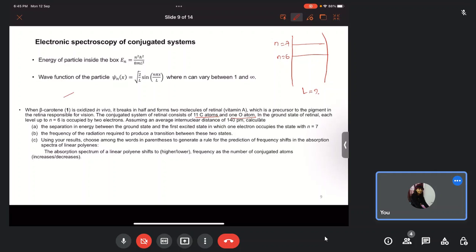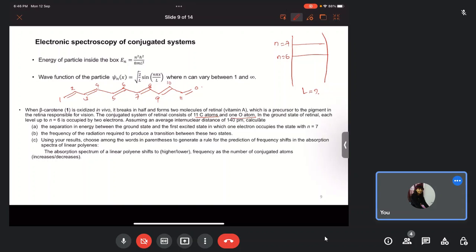So consider we have 1, 2, 3, 4, 5, 6, 7, 8, 9, 10, 11, 12, and you have conjugating systems. 1, 2, 3, 4, 5, 6, 7, 8, 9, 10, 11. So you have 11 carbon atoms and 1 oxygen atom.